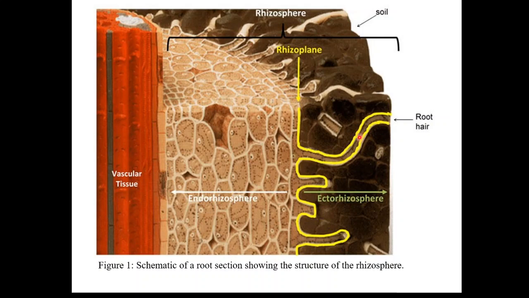It is generally divided into endorhizosphere and ectorhizosphere. The endorhizosphere is in the plant root itself, and the ectorhizosphere is the extension of the root into the soil, which is usually separated by the rhizoplane.